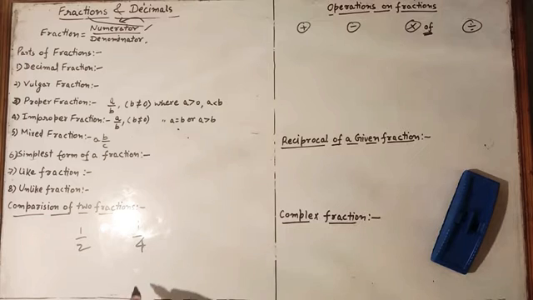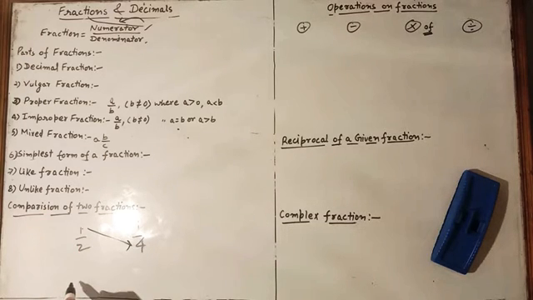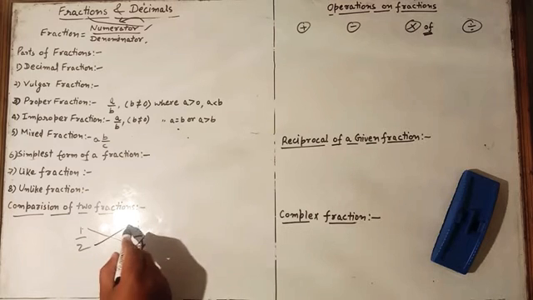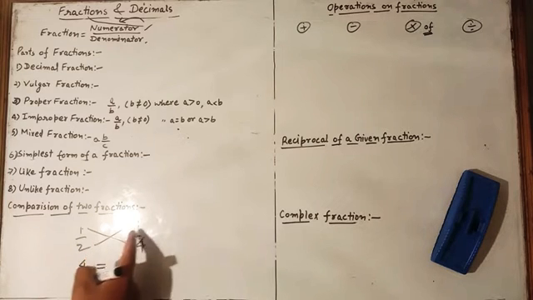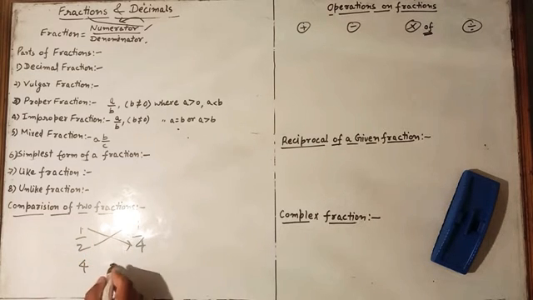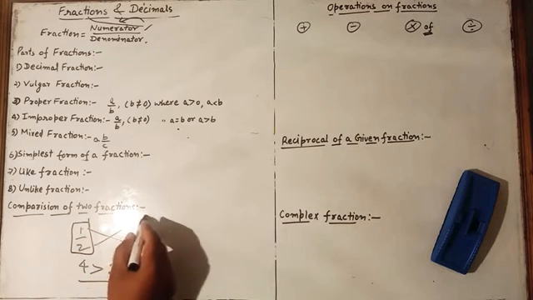First we will cross multiply: this 1 with 4 and this 2 with 1. So what will be our result? 1 into 4, and 2 into 1, 2. So which one is greater? This one. 4 is greater than 2, right? So our first fraction will be greater than the second one.